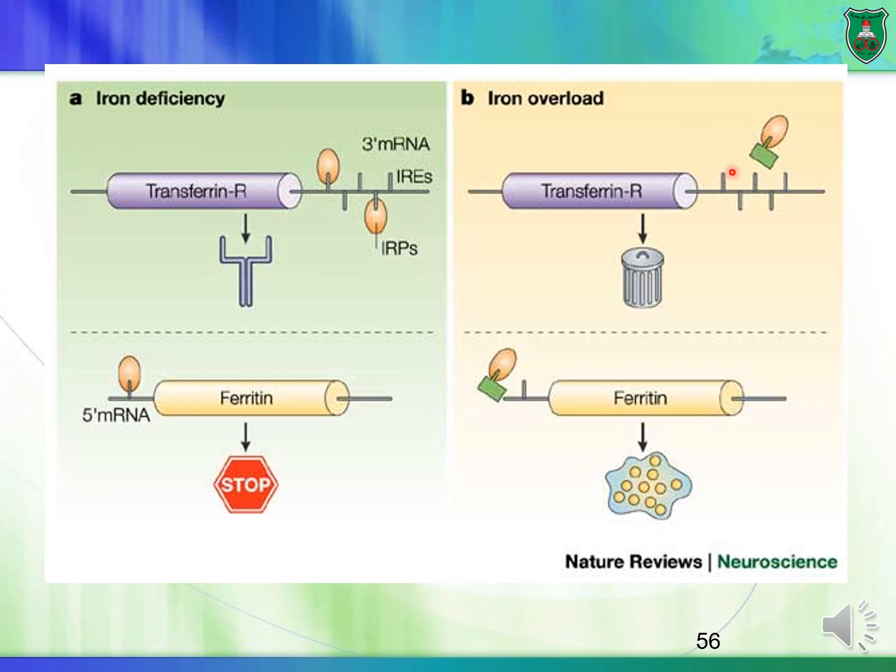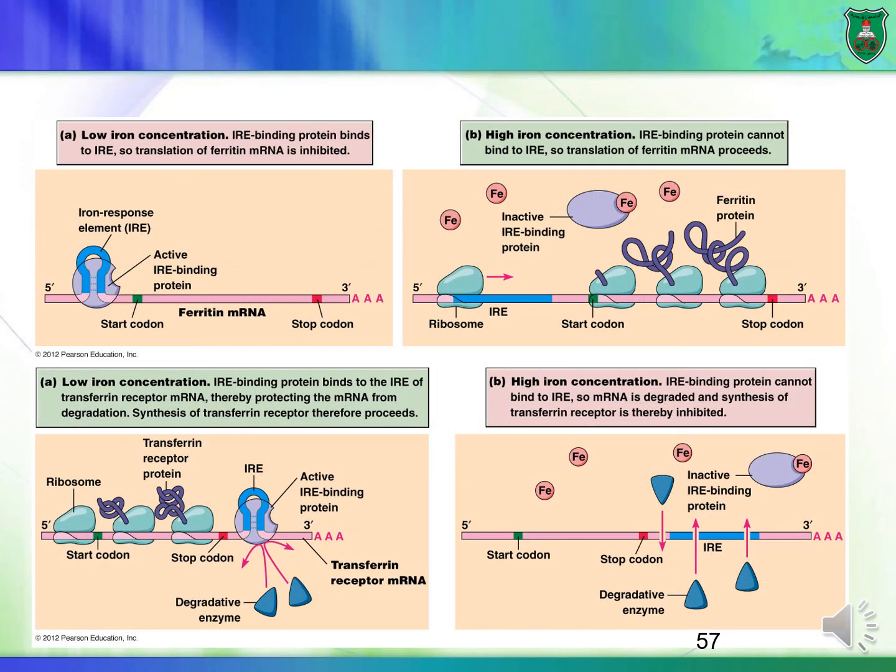At the same time, when there is a lot of iron, the protein is released, destabilizing one mRNA and inducing translation from the other messenger RNA, and this is how regulation works. So you can look at this slide. It provides a little more details about exactly what I just said.